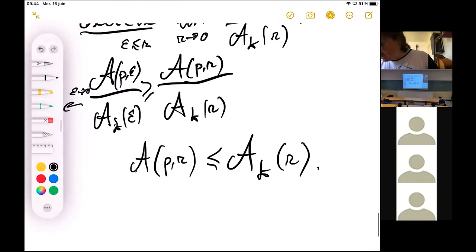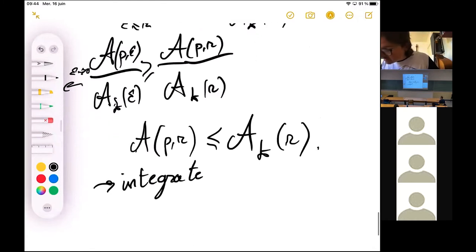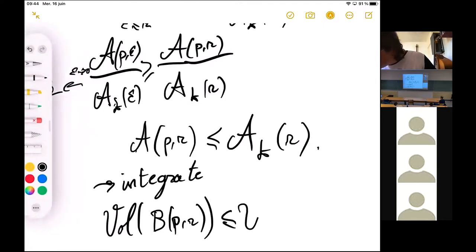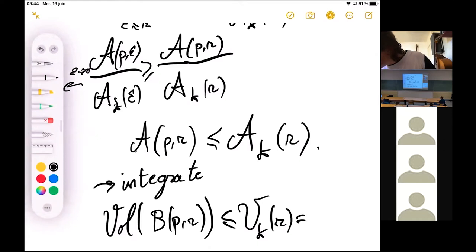So if we integrate that, between let's say 0 and big R, we get that the Riemannian volume of the ball centered at P of radius R is less than Vk of R, which would be the volume of a ball in the model space.